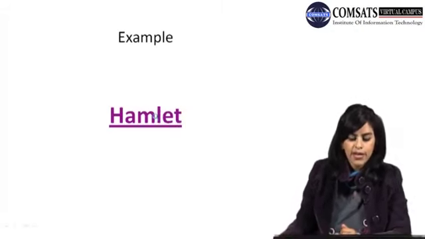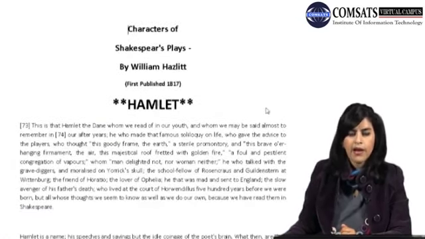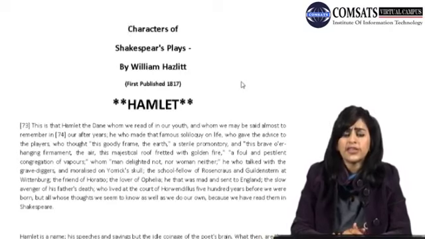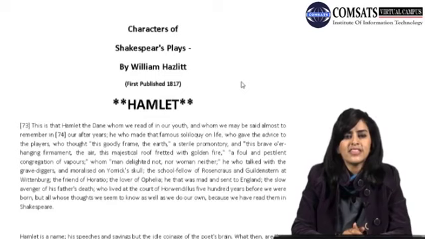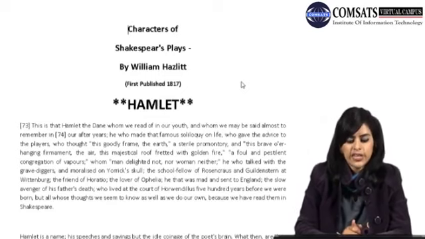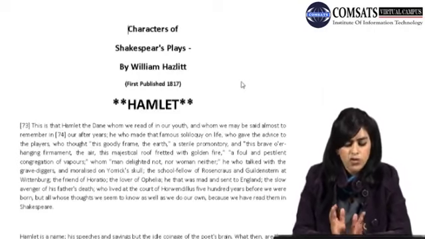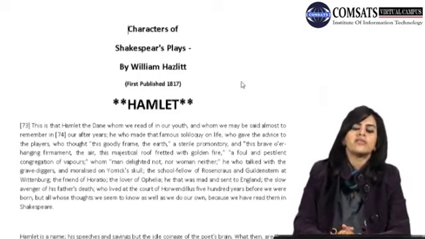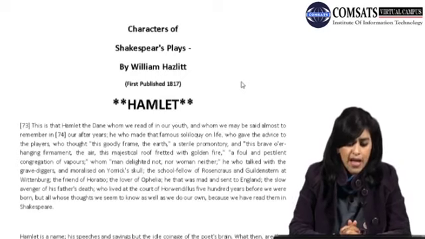Let's click on the hyperlink and read this text, written by William Hazlitt, who has talked about different characters of Shakespeare's plays. This series of his essays was published in 1817, and this was chapter number 1 of his essay, in which he particularly talks about the character of Hamlet in Shakespeare's drama Hamlet.